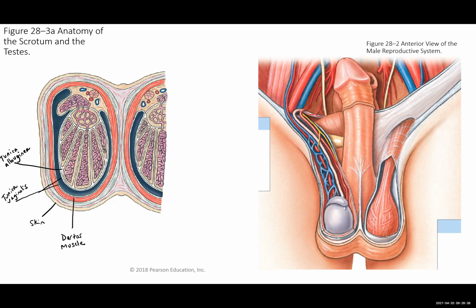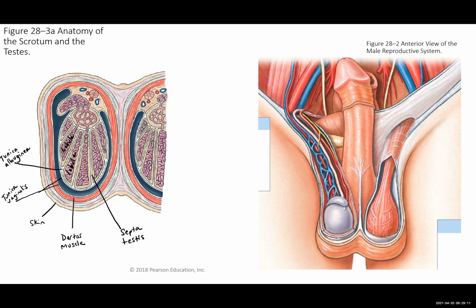That then is forming these different septums, so kind of dividing up the testes into lobules. And these divisions here are described as septa testis. And so then each one of these inside would be considered a lobule.